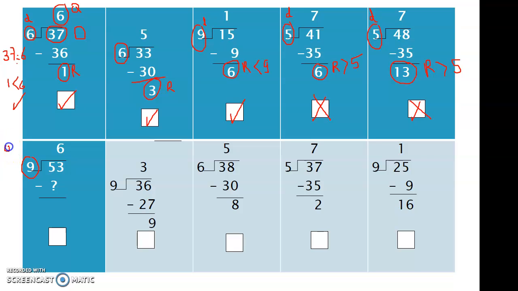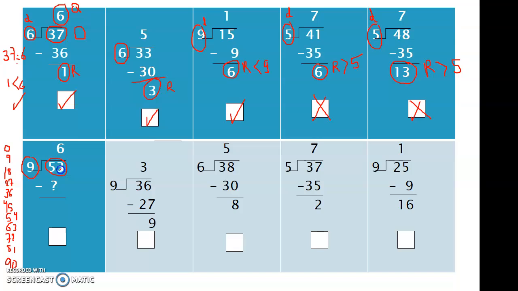The answers of table 9: 0, 9, 18, 27, 36, 45, 54, 63, 72, 81, and 90. Do we have 53 in table 9? No. So we will choose the closest number.